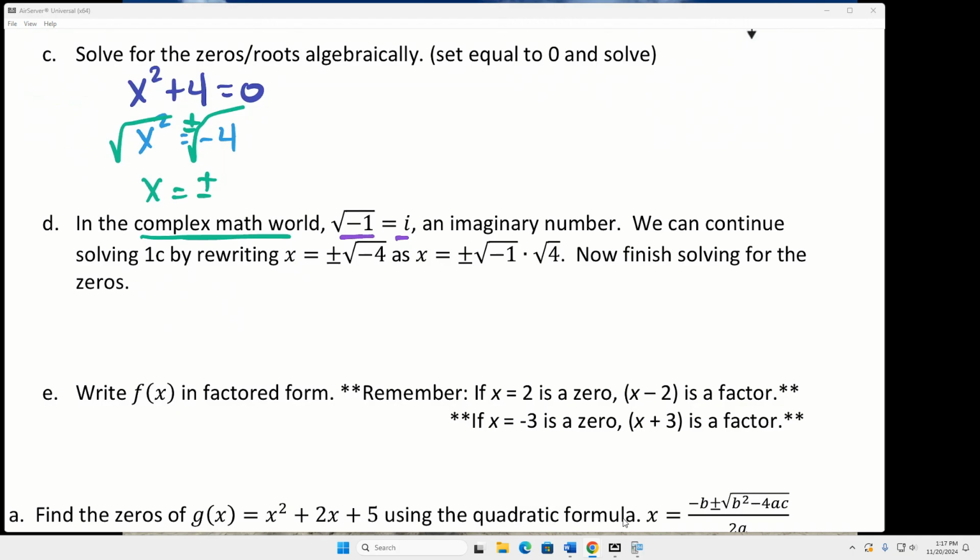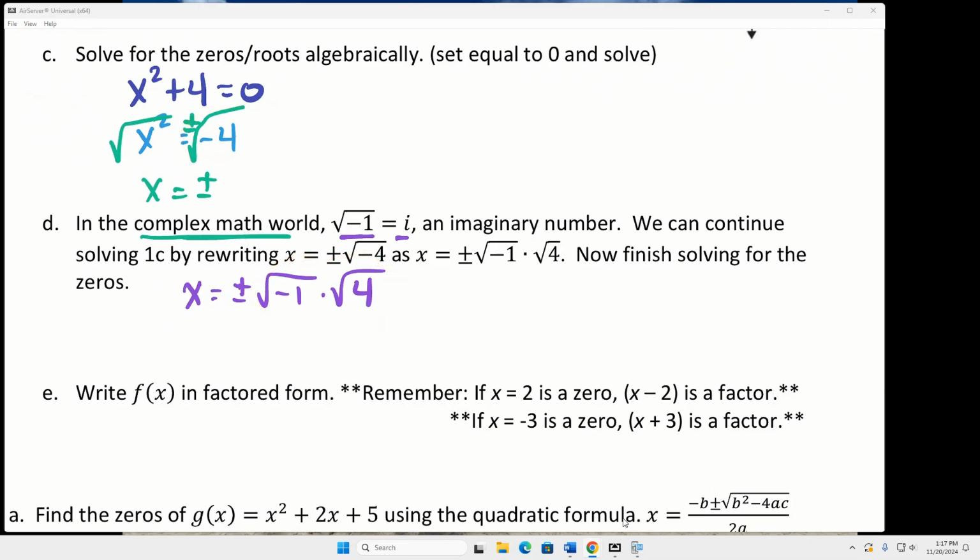And so we can solve this equation. We can find the square root of negative 4 by rewriting the square root of negative 4 as the square root of negative 1 times the square root of 4. Because if I multiply those together, I would get the square root of negative 4. So we can do that. All right.